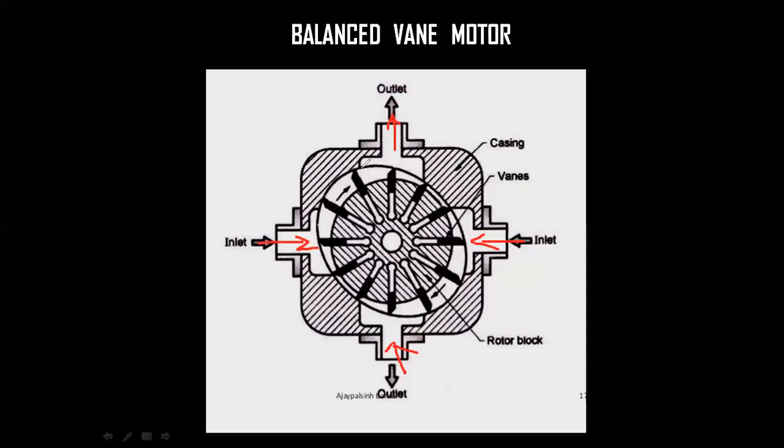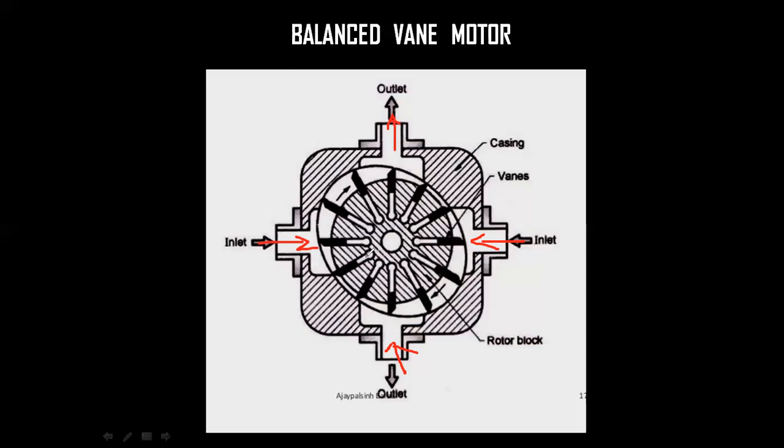So here also we are having a rotor, and we're having the vanes which have the same center. That's the main difference between an unbalanced and a balanced vane motor.